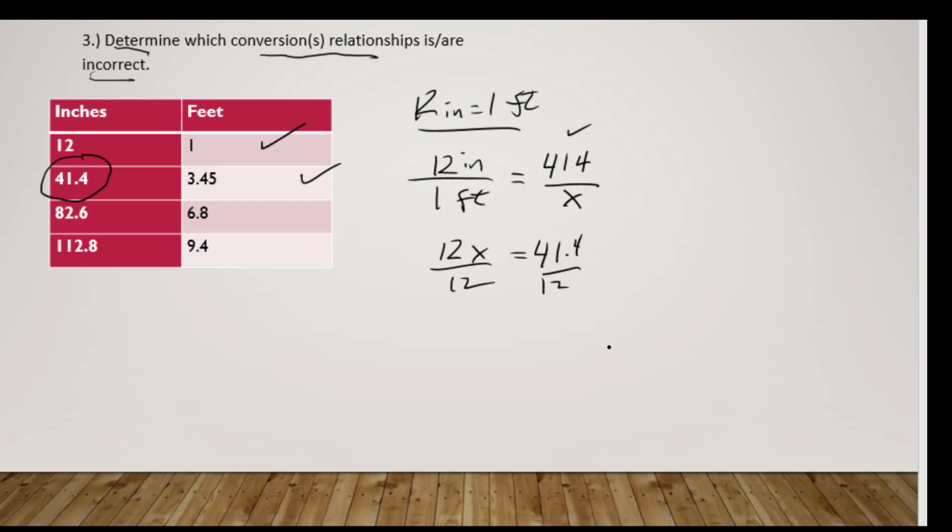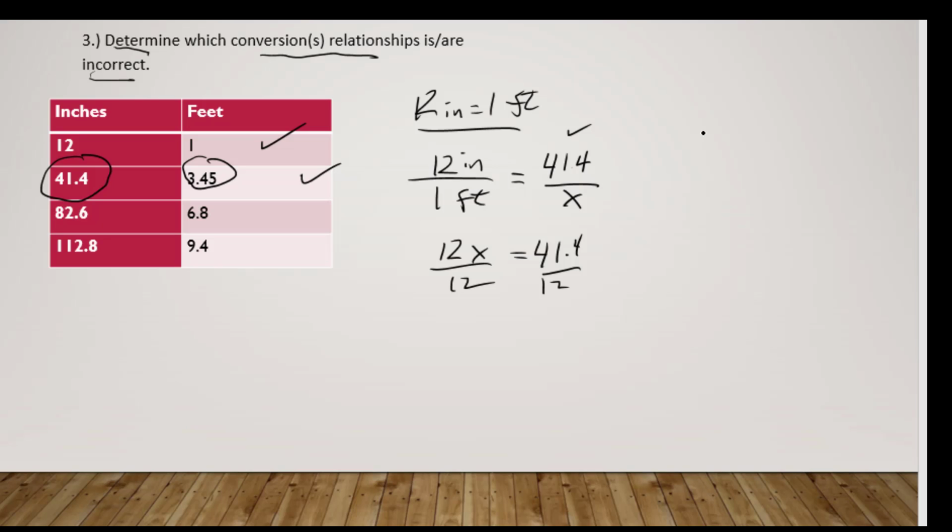Then go on my calculator and go 41.4 divided by 12, and I get 3.45, which is here. So that's correct. So let me show you a shortcut.